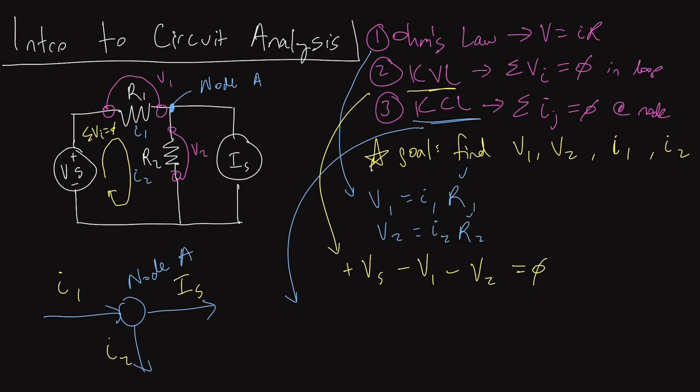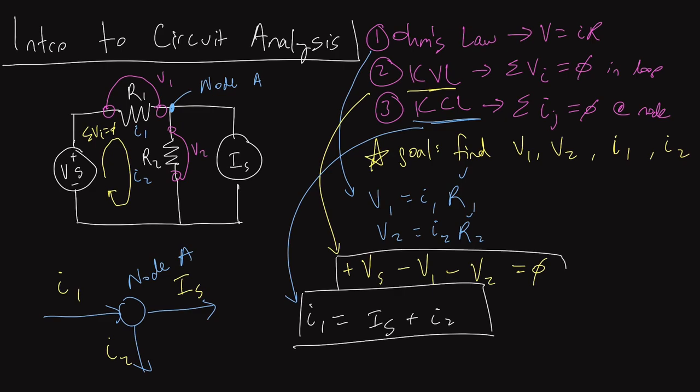If we do a balance equation on this and assume that there's no accumulation of charge at node A, what we can write is that I1 must equal IS plus I2. Whatever's coming in has to be leaving. That's all that says.